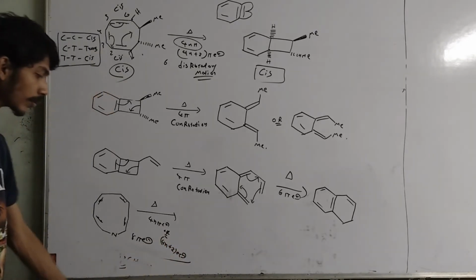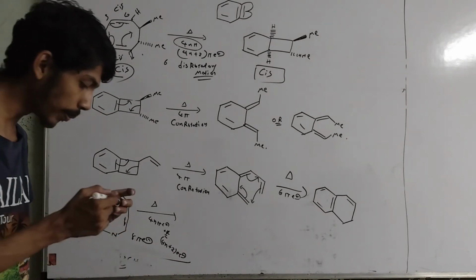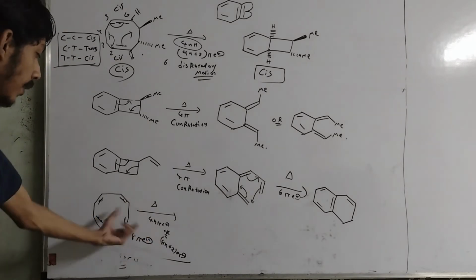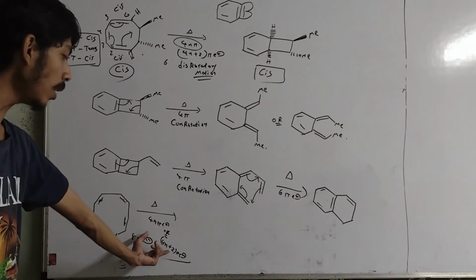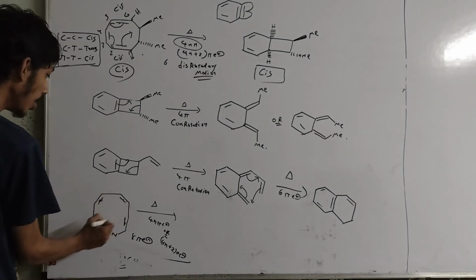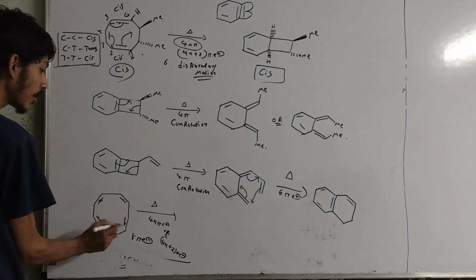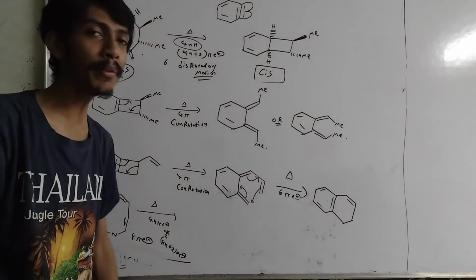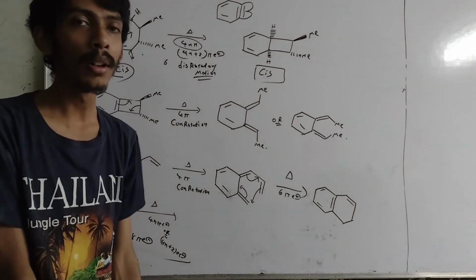We discussed earlier that in this case the reaction always occurs through the 6 pi electron system. So these 3 double bonds undergo electrocyclic reaction because a 6-member ring is thermodynamically more favorable as compared to a 4-member ring.